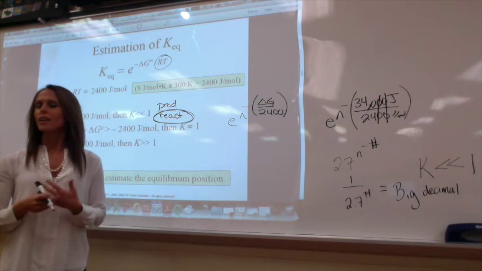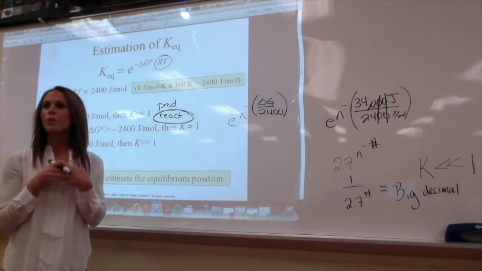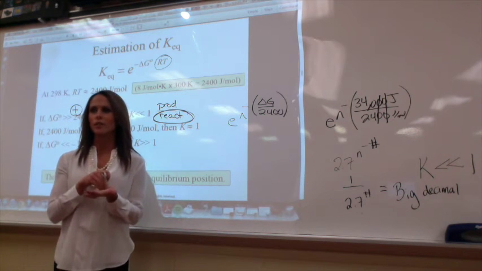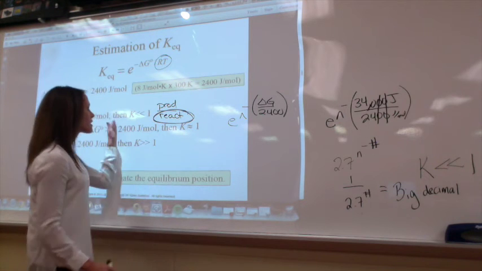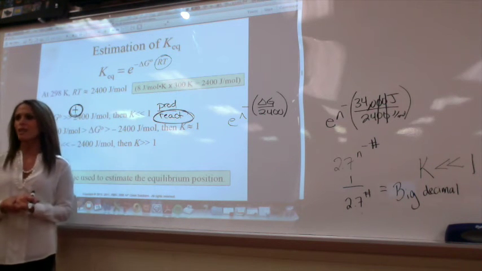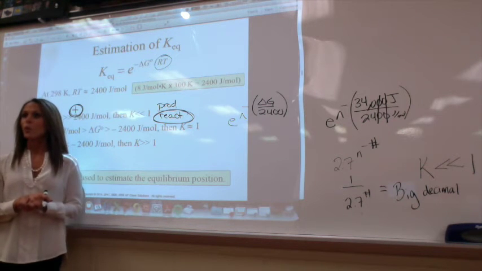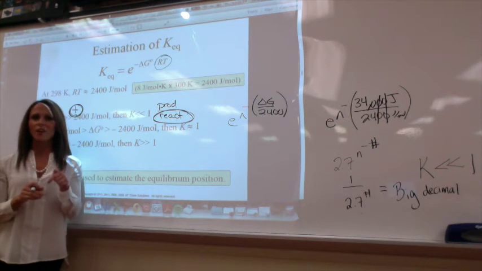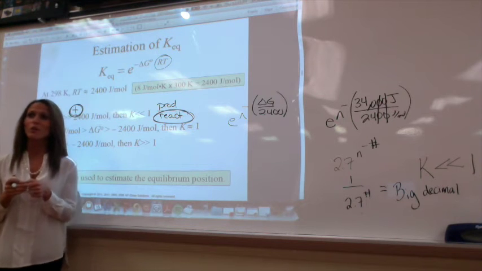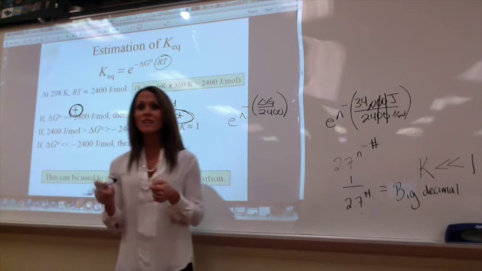All right, listen to me. You are smarter than this equation because you know the answer before you start. If this is a positive delta G, is that product favored or reactant favored? Reactant. Which means that you should get a K value that's a decimal. So if you even throw this into your calculator and you don't get a decimal number, then you've messed up.